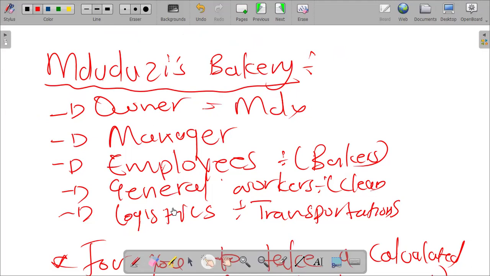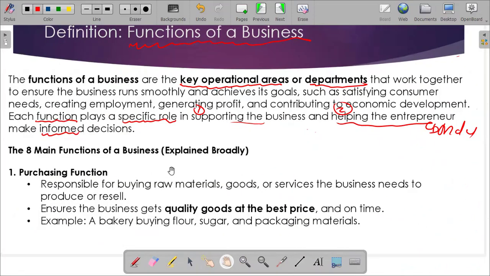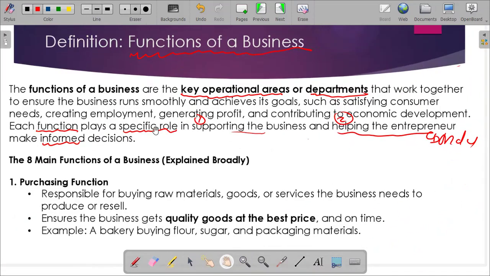Thirdly, how these workers are doing. Are they happy working there? Are they doing the job according to the job description? So all these functions will help you make informed decisions about the business. Without wasting time, let's go into the first function.